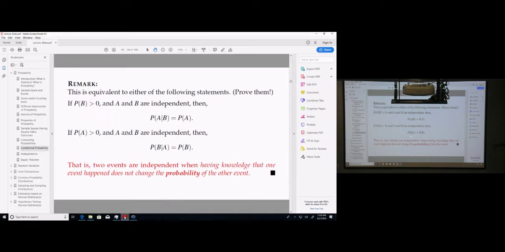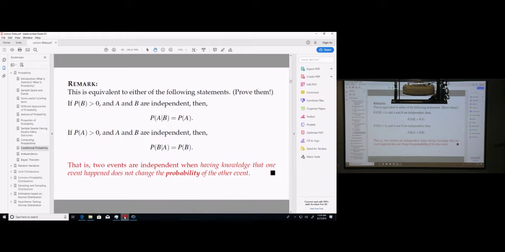But the interpretation is that having knowledge that one event happens does not change the probability of the other event. So knowing this extra information, whether that particular event happened or not, is irrelevant, basically. Now, in probability calculations, we like independence.